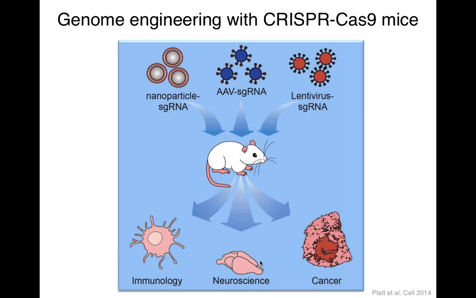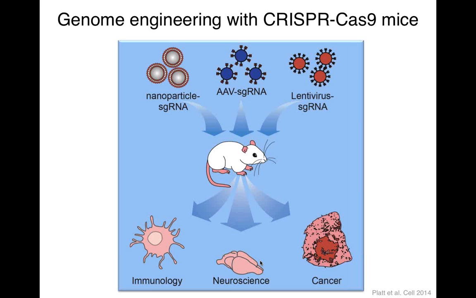So in conclusion, with the CRISPR Cas9 mouse, we've created this versatile platform for enabling the perturbation of genes in somatic tissue. In the presentation today, I showed you how we used AAV to modify neurons and cells within the lungs.